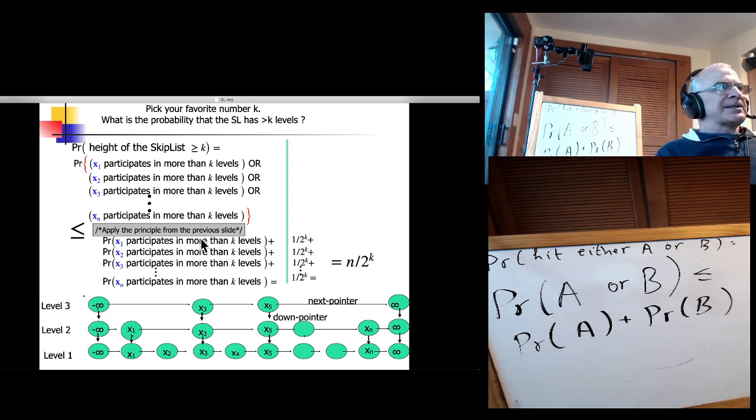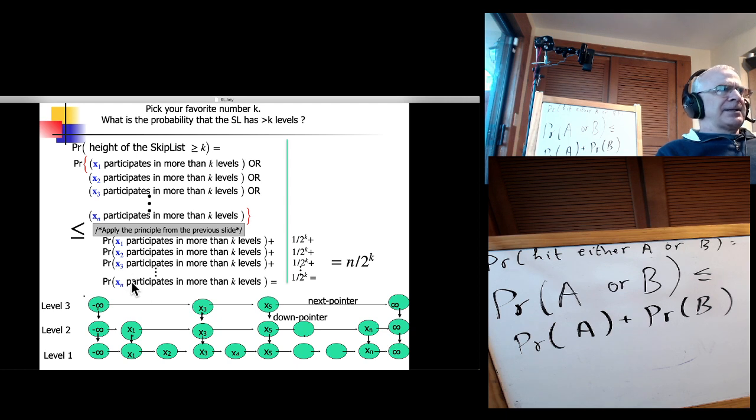What is the chance that x1 participates in more than k levels? People already said correctly. The chance that it participates in more than i levels is 1 over 2 to the i. That's the chance that x1 participates in more than i levels, because the chance that it's just in level 1, we said it's 100%, 50%, 25%, 12% something.